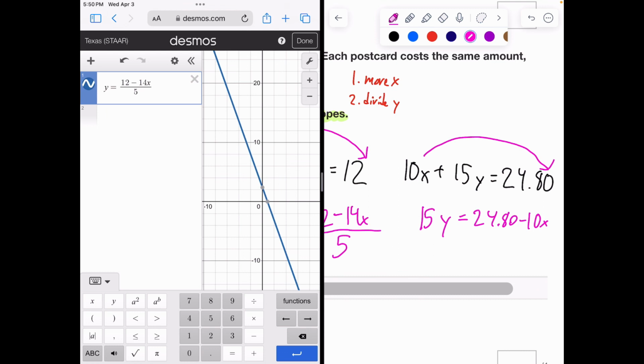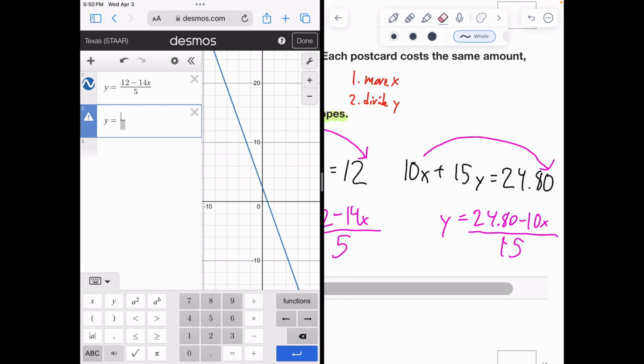The number in front of the y, we divide that out, and that will give you what we would do for the second equation. So we type that in: y equals 24.80 minus 10x over 15.